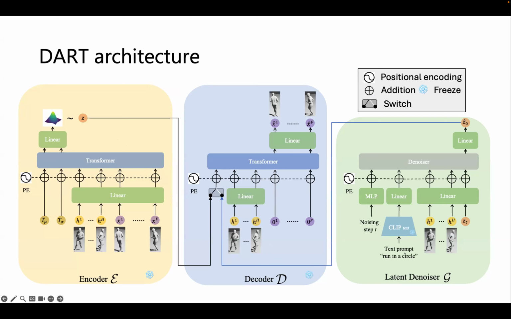The diffusion model takes text input, noising steps, and the initial 2 frames, and generates the latent representation of the future 8 frames. This latent representation goes into the decoder and gives us the explicit human movement in the next 8 frames. So that's the architecture.